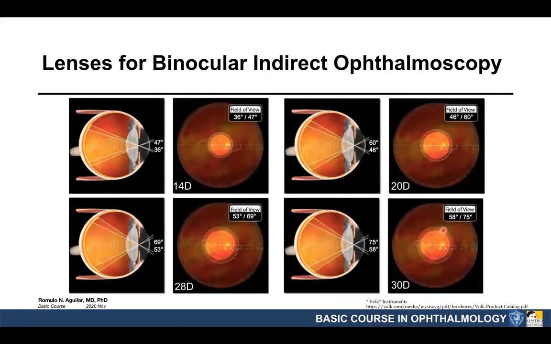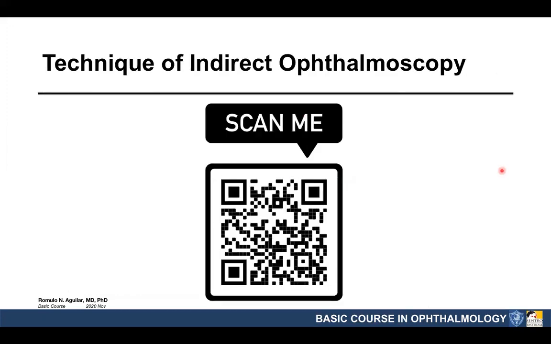Okay, so it's about 58, 75 with dynamic examination compared to 46 and 60 with a 20 diopter. Again, for a video on the technique of indirect ophthalmoscopy, you can scan this QR code and view it later.